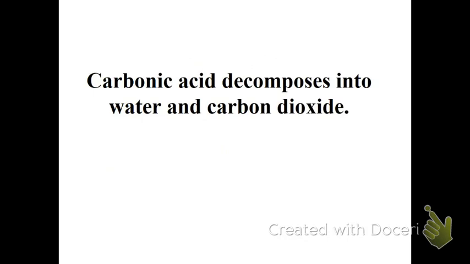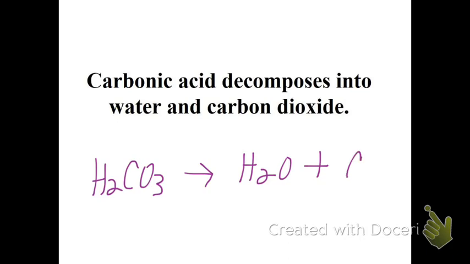Carbonic acid. This is a big one. Never ever on an AP exam write carbonic acid as a product because it decomposes immediately upon forming. So it's going to be H2CO3, and that's going to make H2O and CO2. Sorry. But never write it as a product. That's a biggie that always decomposes as soon as you form it.